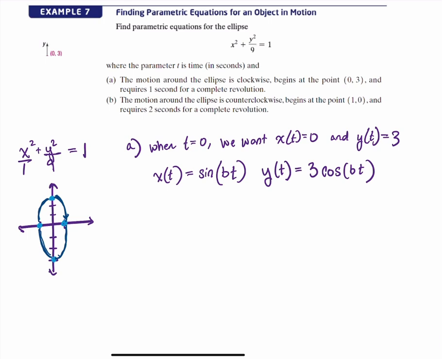So let's find out what this b value should be. If the period is 1 second, meaning we want a full rotation in 1 second, remember our way of finding out what this value should be is to set this equal to 2 pi over b. So that means b is just equal to 2 pi.